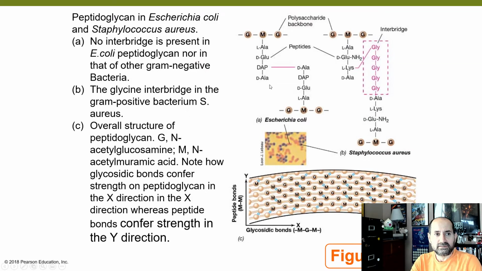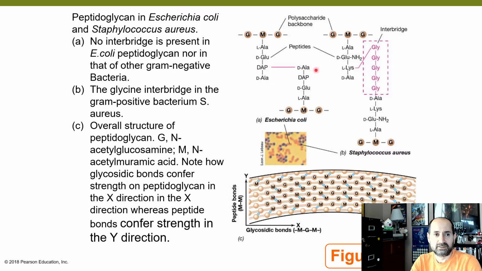All right. Now, if you take a look here, remember I said adjacent strands of peptidoglycan. So here's a strand of peptidoglycan, and here's a strand of peptidoglycan from E. coli. Notice how DAP cross-links to D-alanine on the adjacent peptide strand, and there is no bridge that forms between.